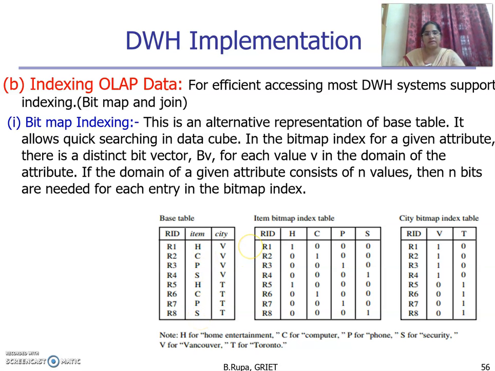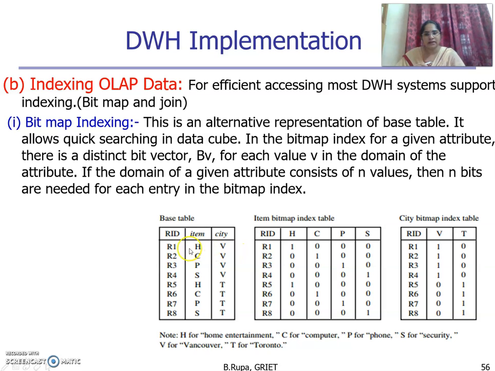First we can write the bitmap index table for the item. For all the n values of this attribute, item, we need to write all the indexes. How many items are available here? We have four items: H, C, P, S. Then for all the indexes we can write the bitmap index table.